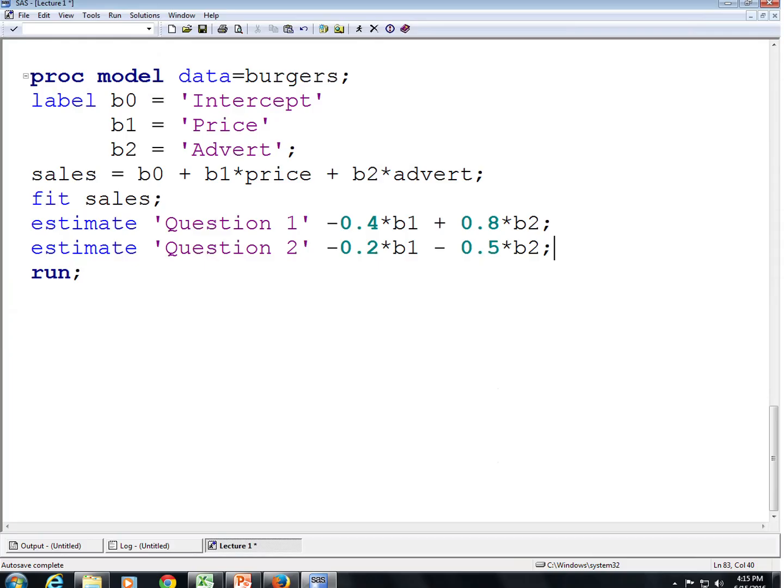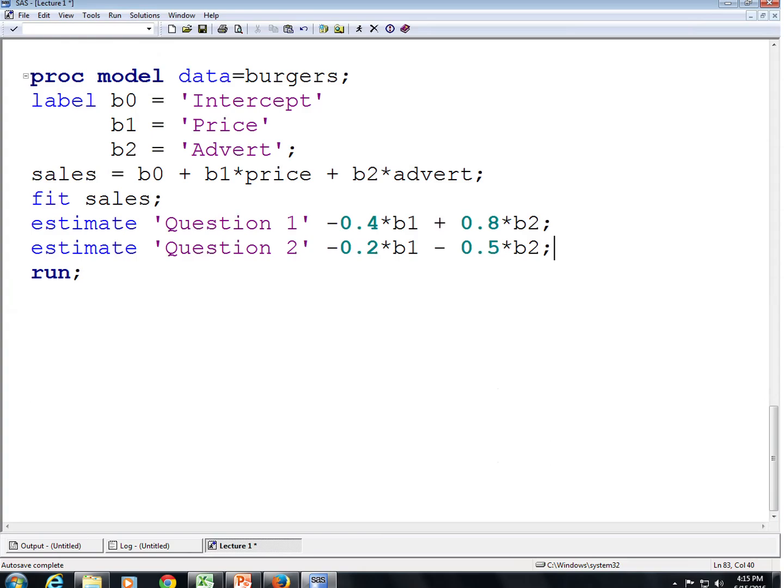The other question is, is a 20-cent decrease in price equivalent to a $500 increase in advertising? Remember, the way I'm writing this equation for this question 2 estimate, we're really testing whether negative 0.2 beta 1 minus 0.5 beta 2 is equal to 0.